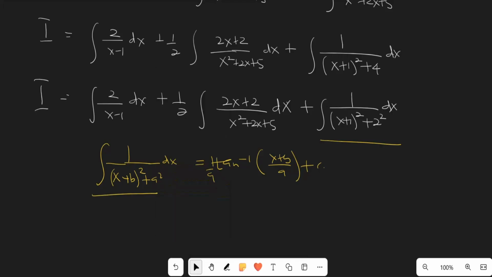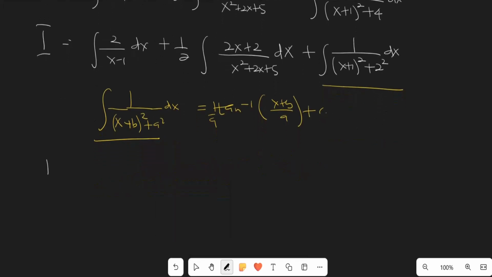So in that case, we can now wrap up our integral here. I is equal to, integrating this one, 2 ln of x minus 1 plus 1 half. The differential of the denominator here is exactly the numerator. So the value of that integral is the ln of x squared plus 2x plus 5.